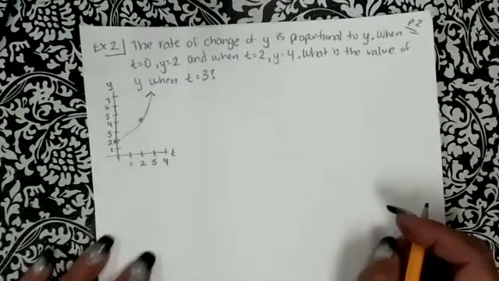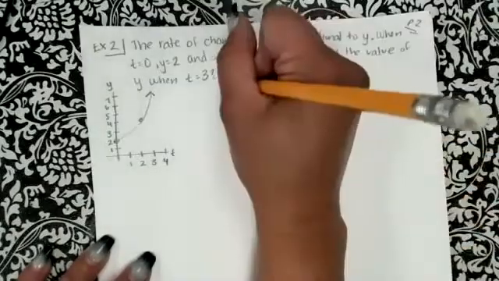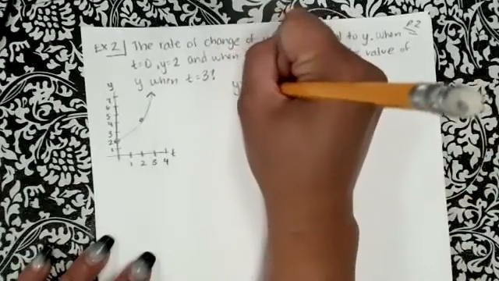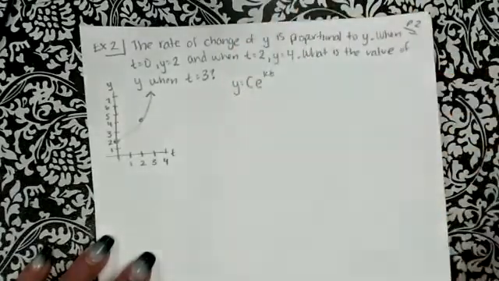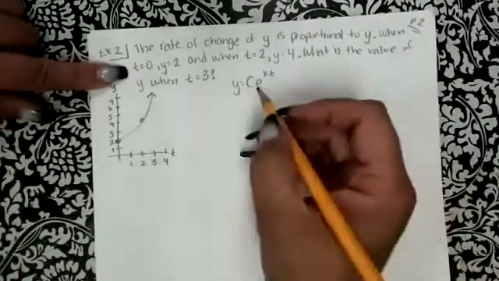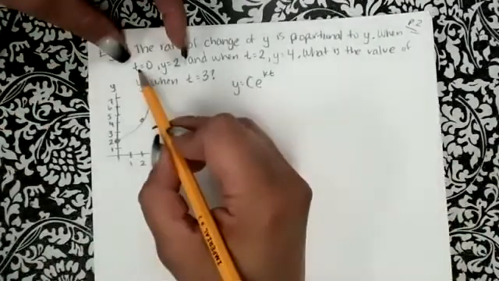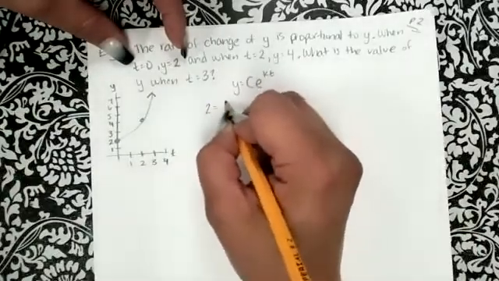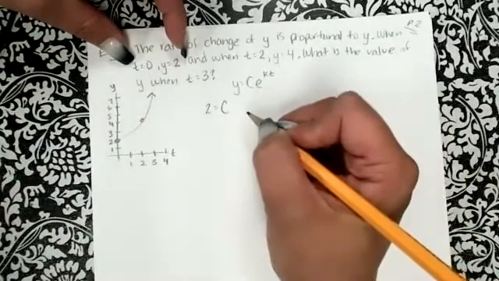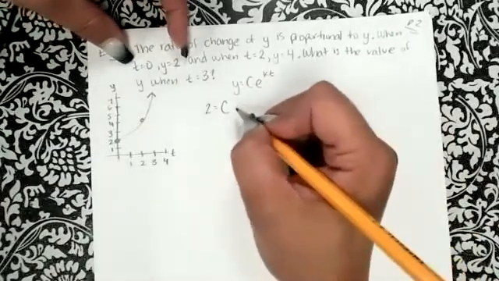Now I'm going to use the equation from the exponential growth and decay, y equals ce to the kt. When t is 0, y is 2. I don't know what c is, the initial value. Well, technically you do, but we'll find it right now.